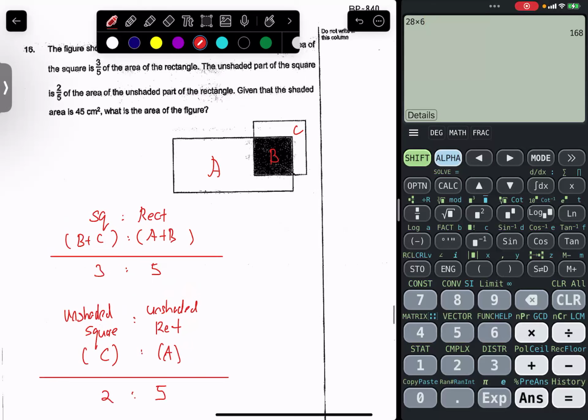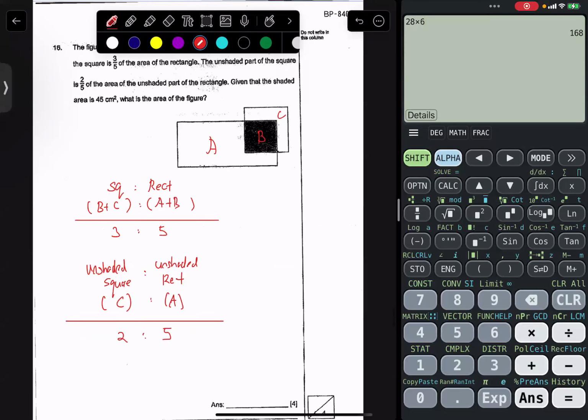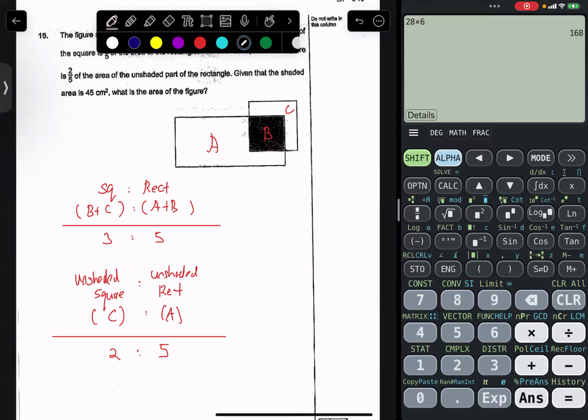Okay. Now, what is the concept down here? You'll notice that 3/5 to 2/5, they both minus B, which means that the change is affecting both of them.